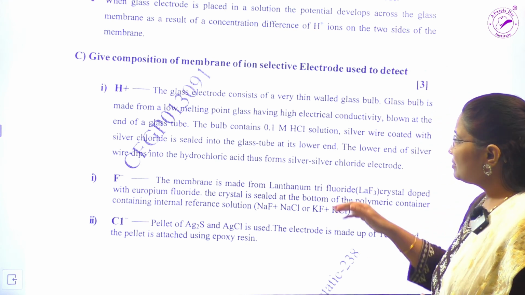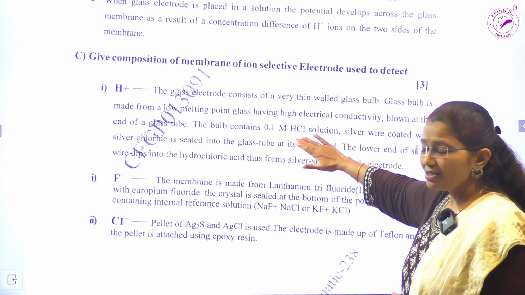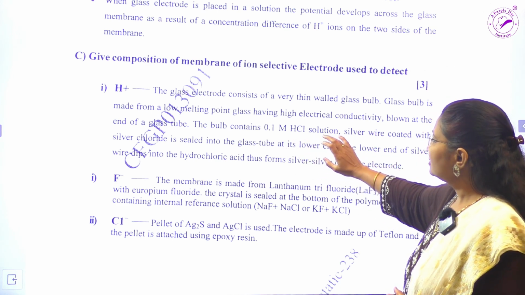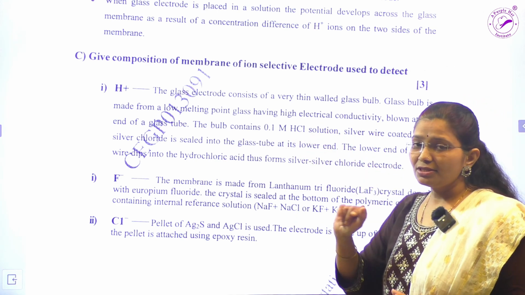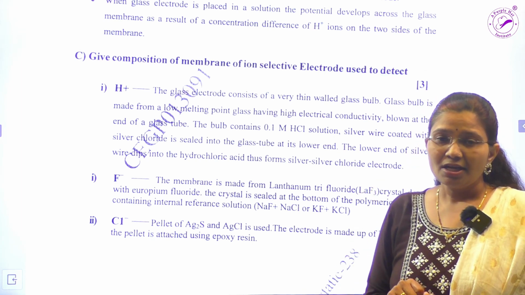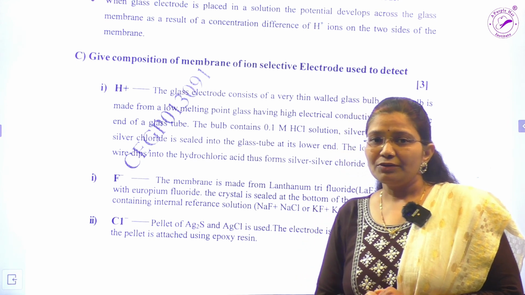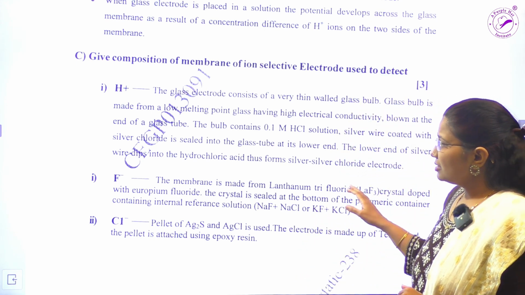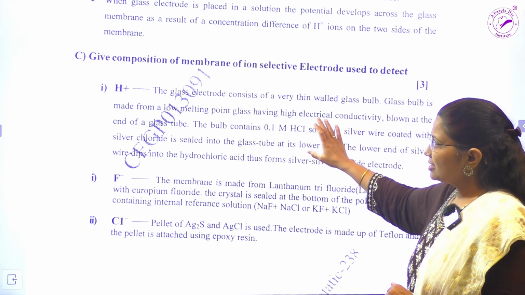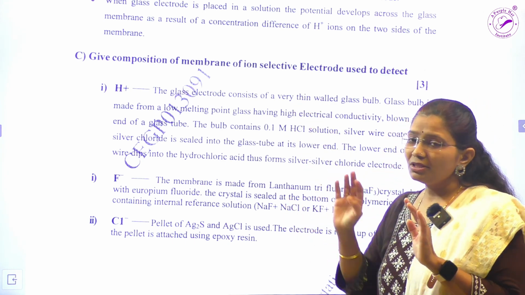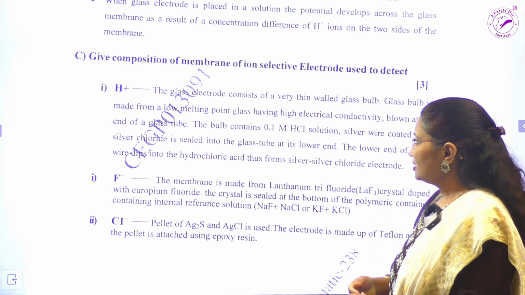This bulb contains 0.1 molar HCl solution. In that HCl solution a silver wire is there, coated with silver chloride, and it is dipped into this 0.1 molar HCl solution. This is how the glass electrode is constructed, and that composition you have to write down.